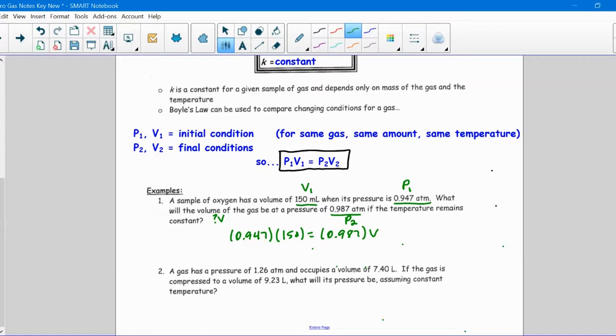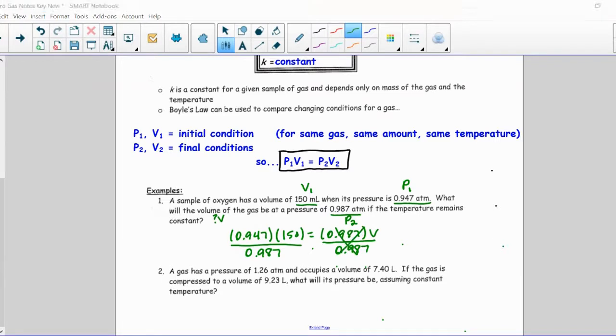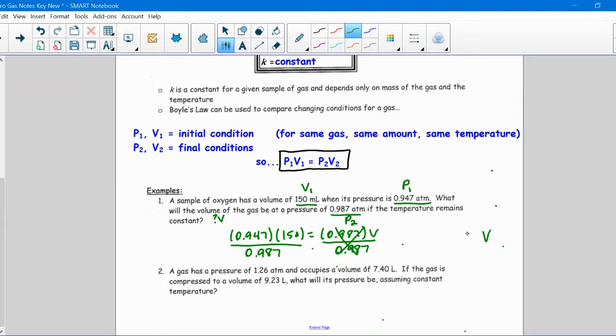So now I want to remember some algebra. How do I solve for volume? And because it's multiplied times the pressure, I would simply divide by that pressure. And what's going to happen is on the right side of the equation, those are going to cancel out, and I'm left with only V. And on the left side, I'm going to do in my calculator 0.947 times 150 divided by 0.987.